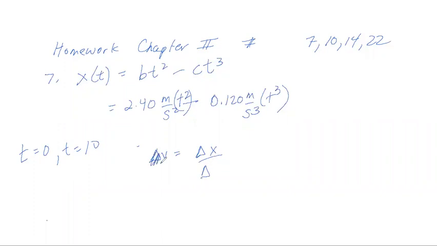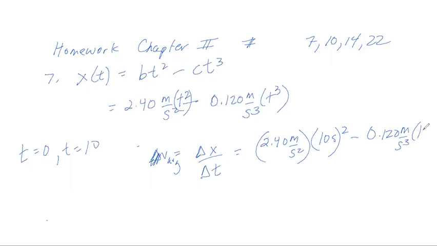So we need to do this interval. t equals 0 is obviously going to be 0, but t equals 10 is going to be 2.40 meters per second squared times 10 seconds quantity squared minus 0.120 meters per second cubed times 10 seconds quantity cubed.